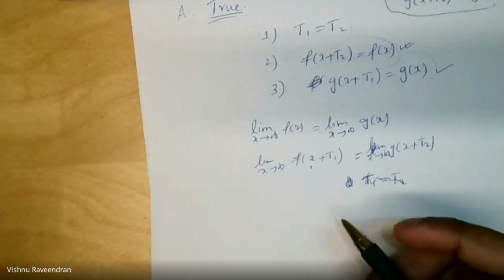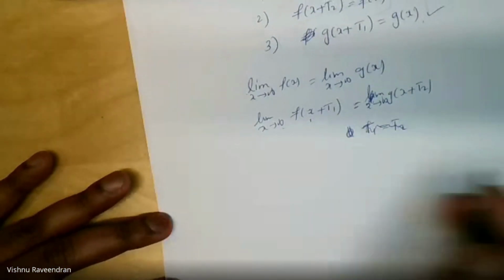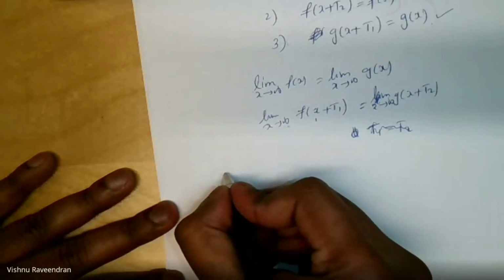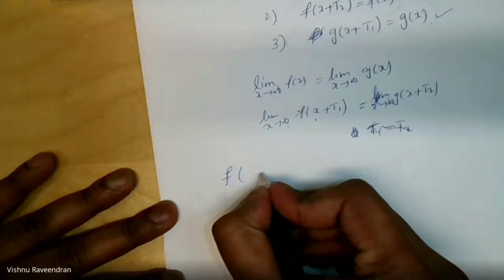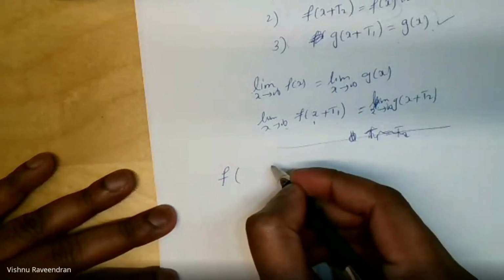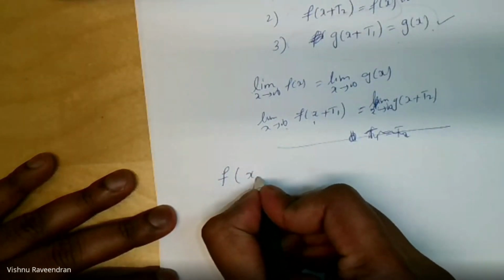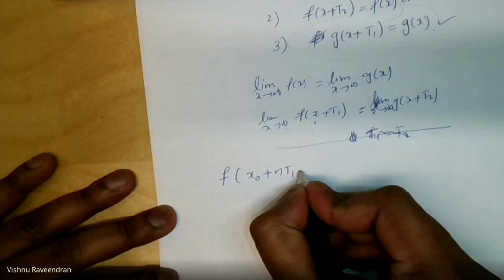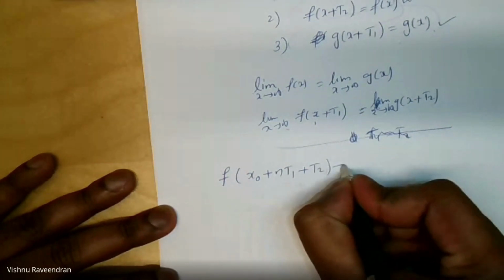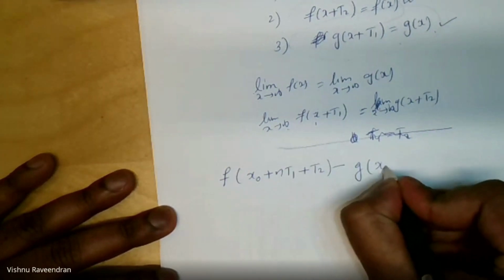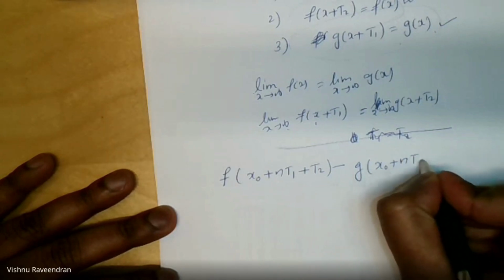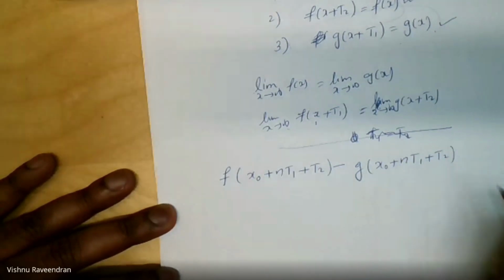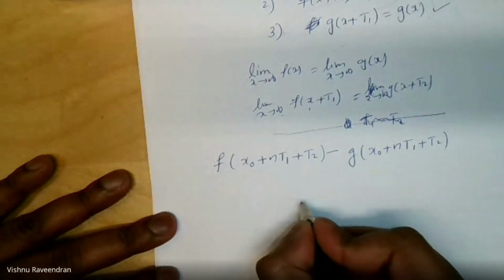So this is, I would say, not an easy problem, but okay, let's see how we do this thing. So we have f of x naught plus nt1 plus t2 minus g of x naught plus nt1 plus t2. What is this actually?